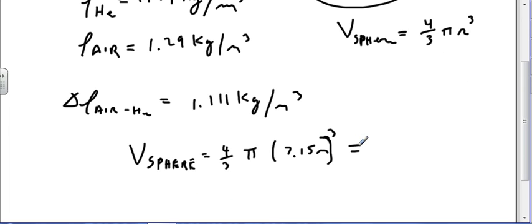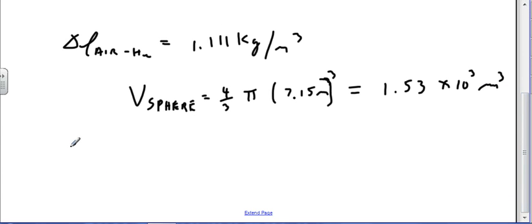Okay, put it in your calculator. It's 4 divided by 3 times pi times 7.15 cubed. Okay, so I got 1.53 times 10 to the third meters cubed.